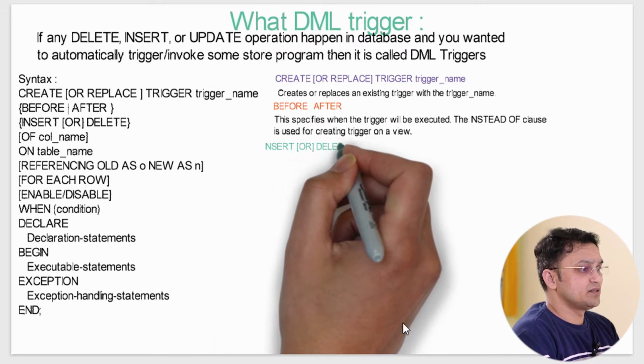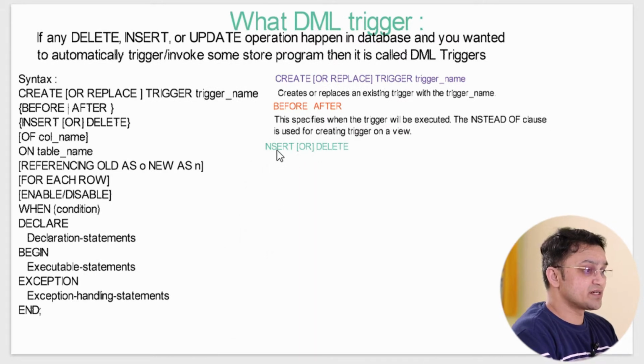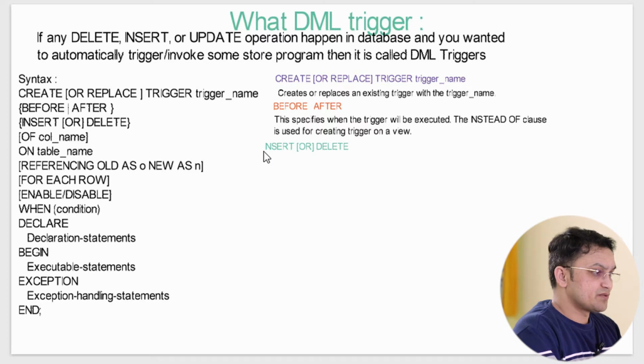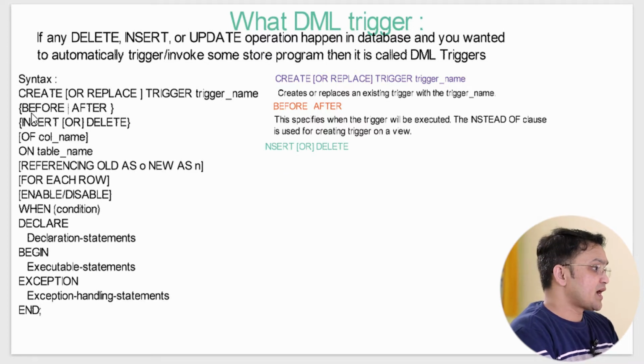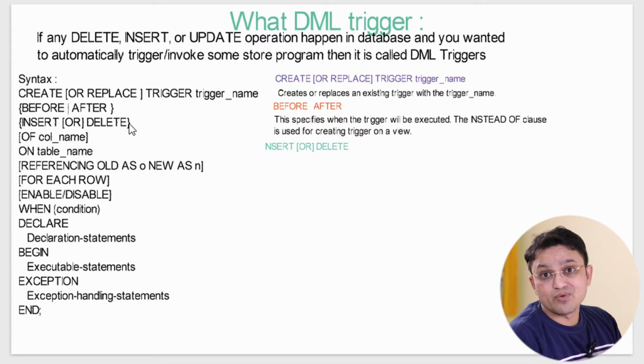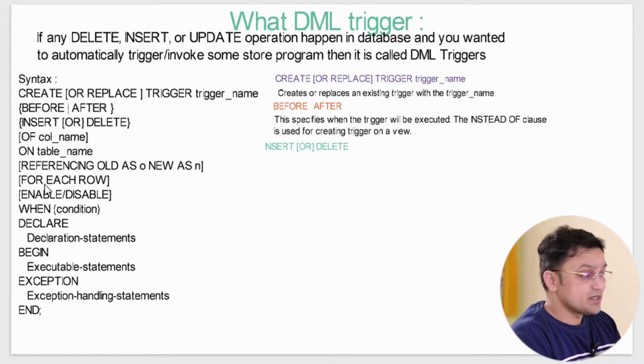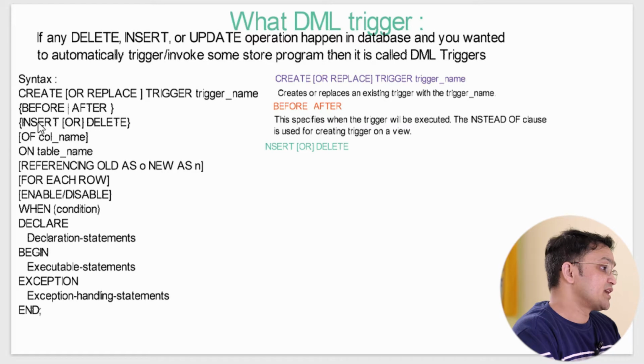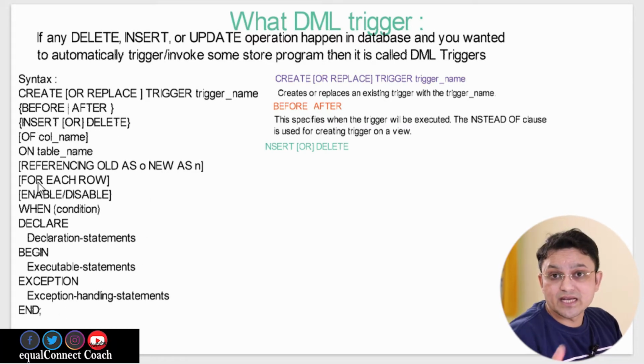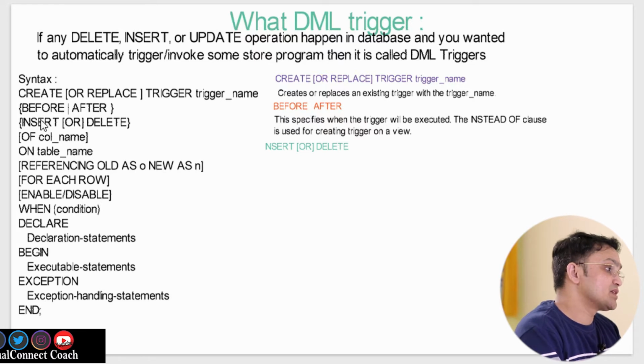After that, the next thing is nothing but your insert or delete. Over here I have written the insert, but I am not able to see it over here, so this is a correction for you. Over here I need to mention the operation, in which cases this trigger will get triggered. I have mentioned insert and delete, so this trigger or program will get executed in case of insert and delete.